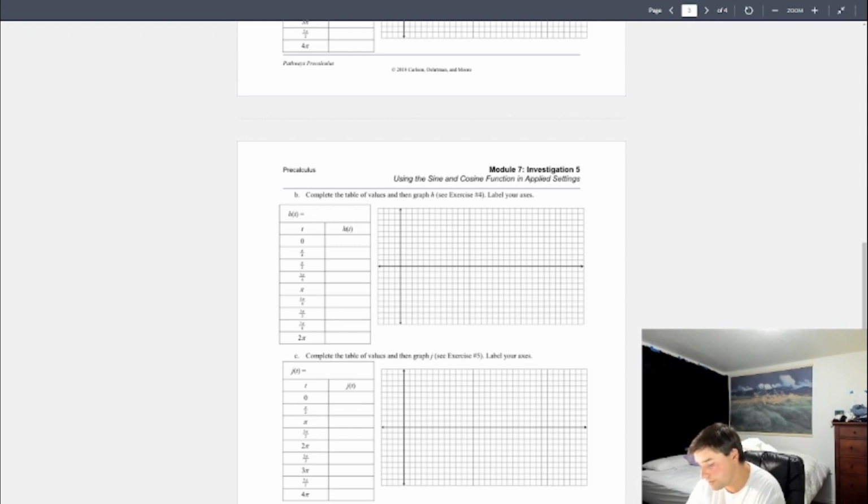Oh, so even though it's going more granular in its intervals, you know, pi over 4 versus just pi over 2, it's like going to the next one.